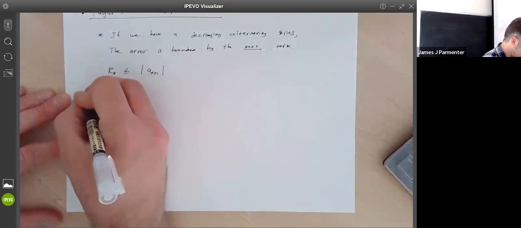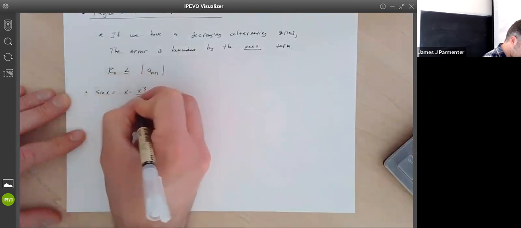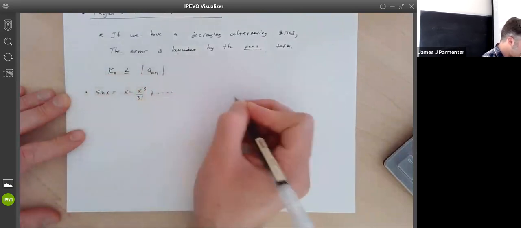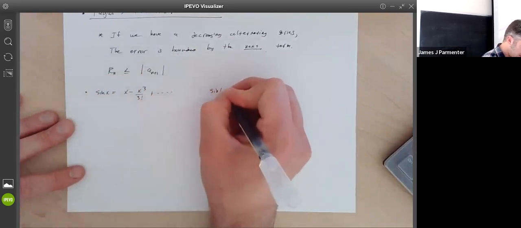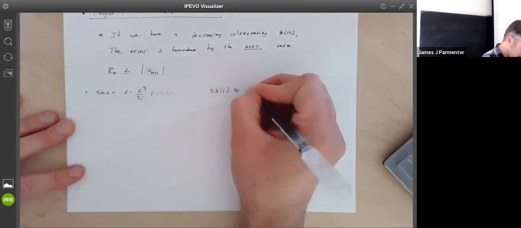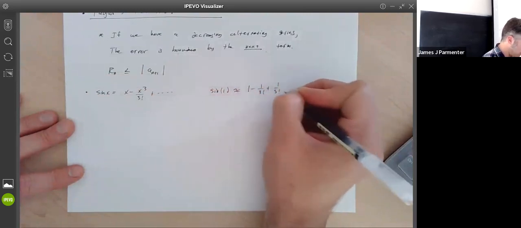Another example of this, sine x equals x minus x cubed over 3 factorial, etc. We could approximate sine of 1. I don't know what sine of 1 is. I can say that sine of 1 is approximately 1 minus 1 over 3 factorial plus 1 over 5 factorial.